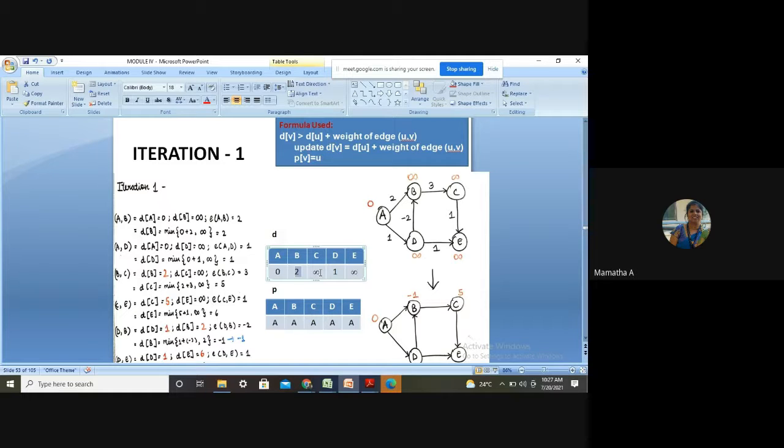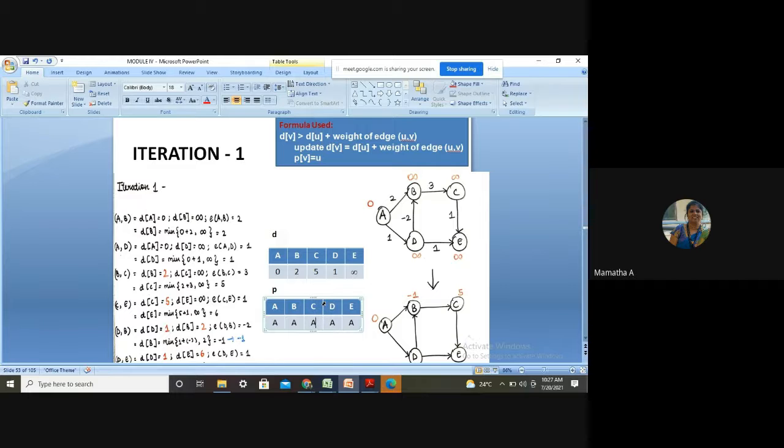Now, tell me what should I change? In the distance array, d of C becomes what, students? Distance 5, ma'am. And how about the P array? P of C is what? A. Should I change it or shouldn't I?